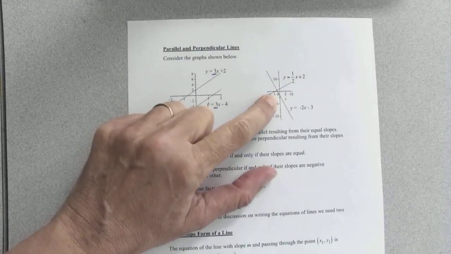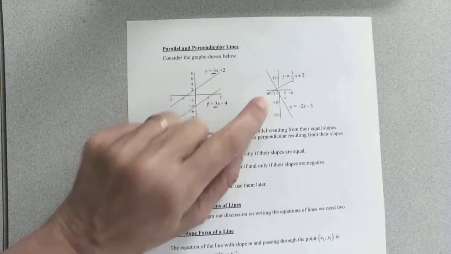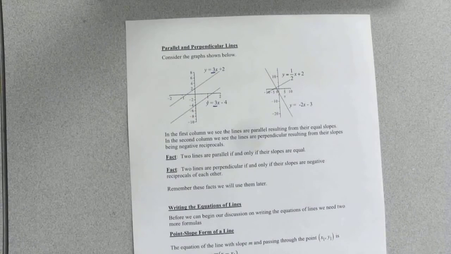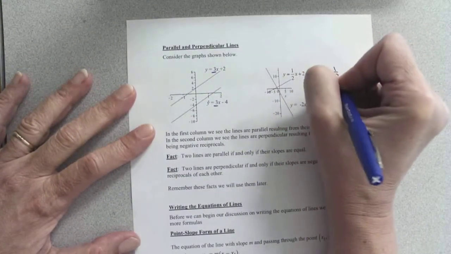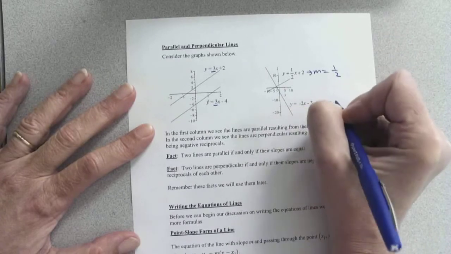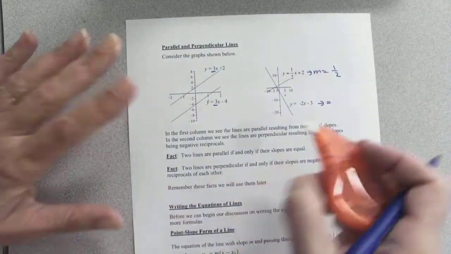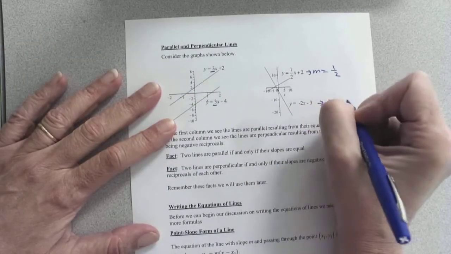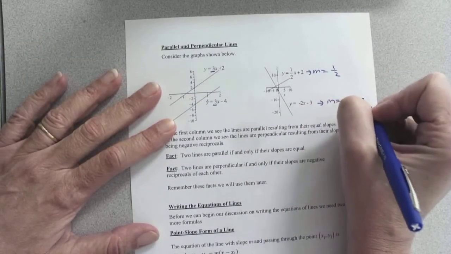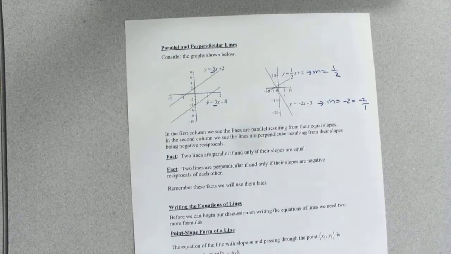Over here, these guys are perpendicular. They meet at right angles. Now notice here, this guy has a slope of 1/2, and this has a slope of -2, which I could write as -2/1. The relationship here between those two slopes is, notice they are negative reciprocals.